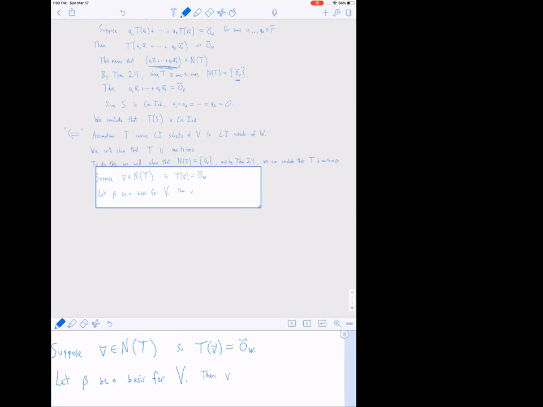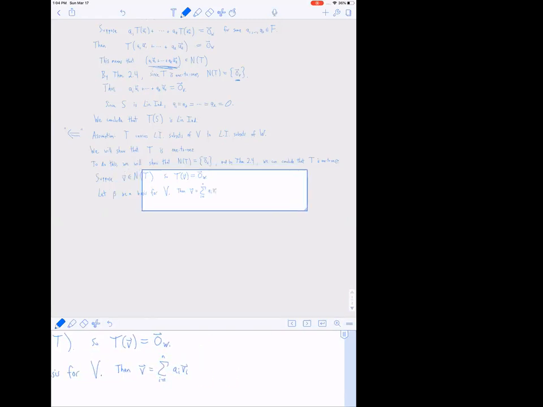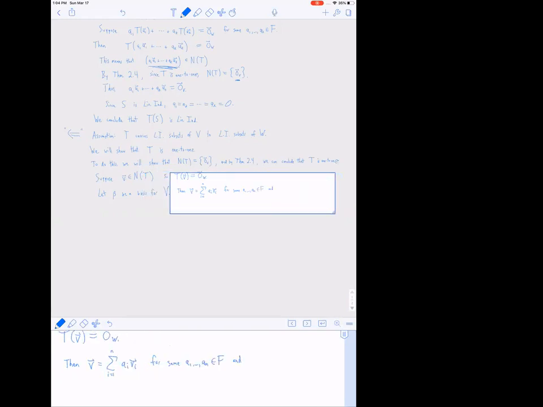Then v is equal to, and I'll just write it in summation notation now, the sum from i equals 1 to n of a_i v_i, for some a_1 through a_n in the field, and v_1 through v_n from this basis that we've named.